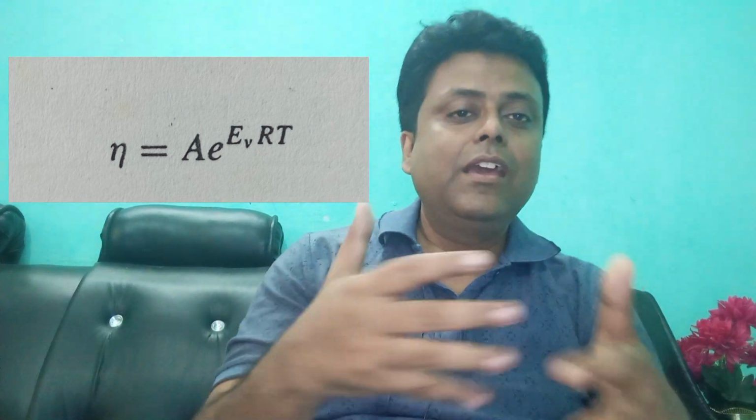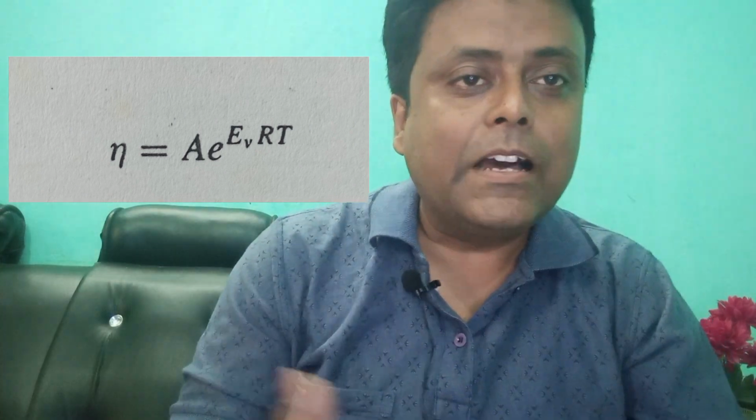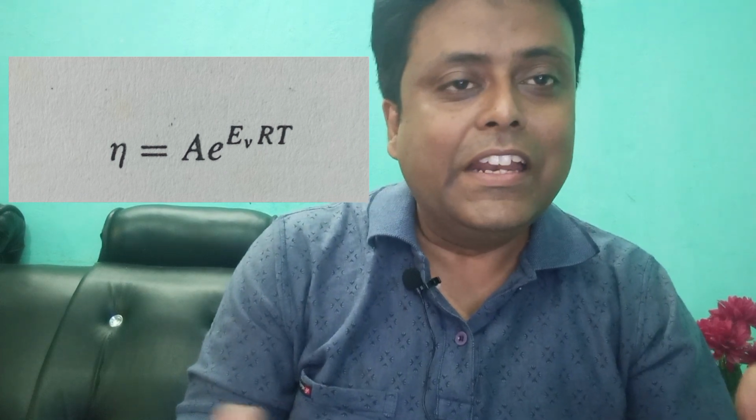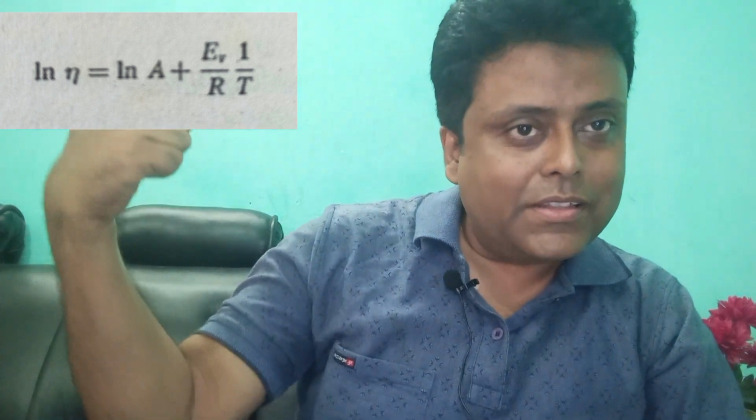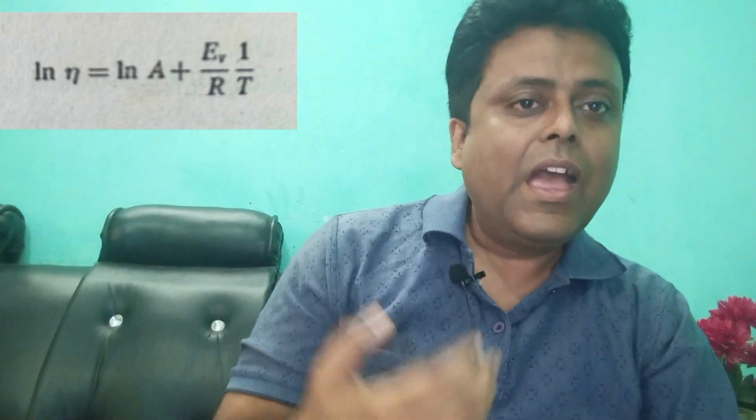Now let us represent it in a more linear form, the ln form. You can see ln of the viscosity on one side and the temperature on the other side. They are almost inversely proportional.